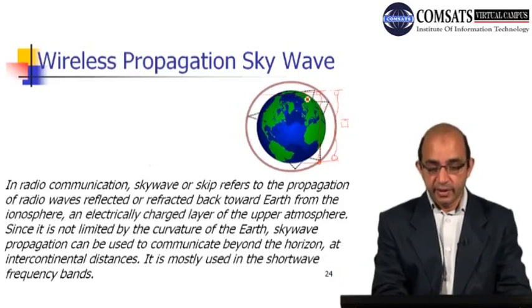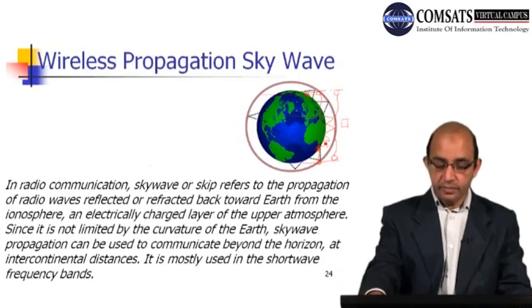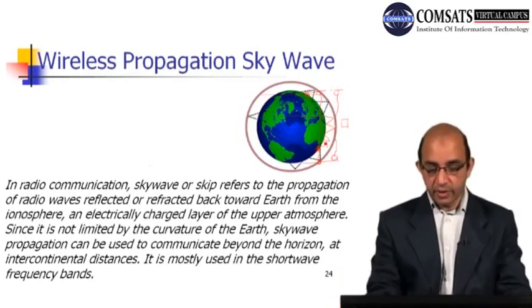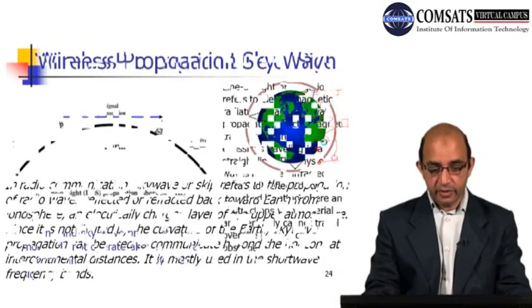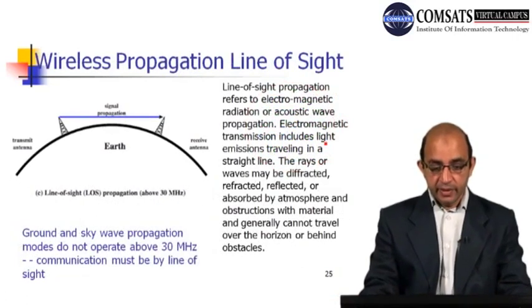So in that case, we can use the Skywave propagation mechanism, and then maybe we can have transmitting and receiving antennas over there, and you can see that the signal can be received in this way, right? So here we have line of sight, right?